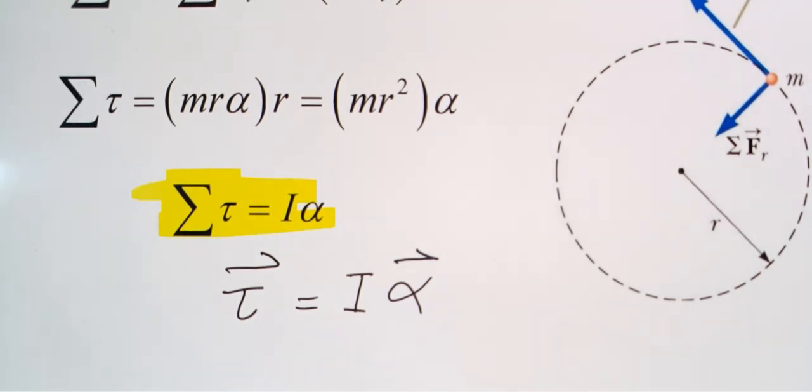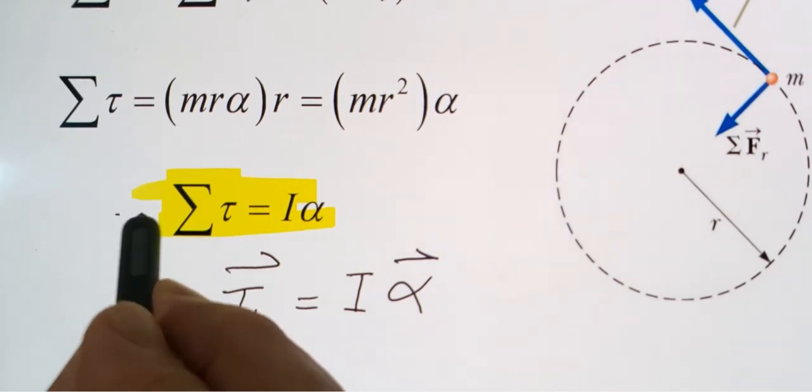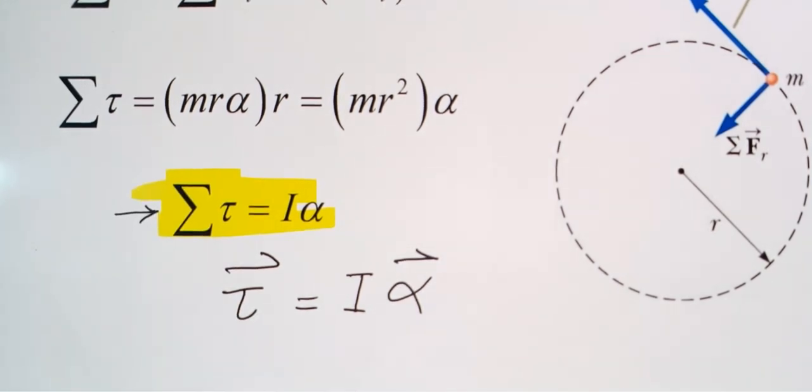So here he's talking about the magnitude only, but the proper way to write it, and we will use this notation in chapter 11 when we talk about torque: torque is a vector, I is the moment of inertia, and alpha is a vector. We'll explain it in a minute.